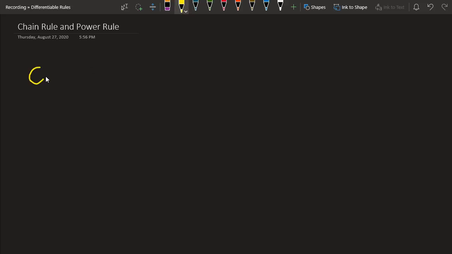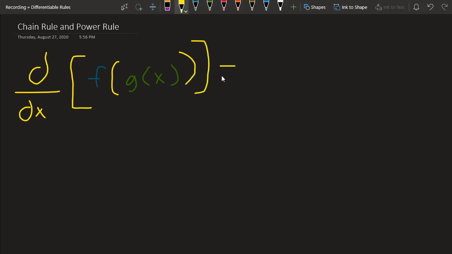So let's say that you're asked to find the derivative d dx of f of g of x. So this would be equal to f prime of g of x times g prime of x.